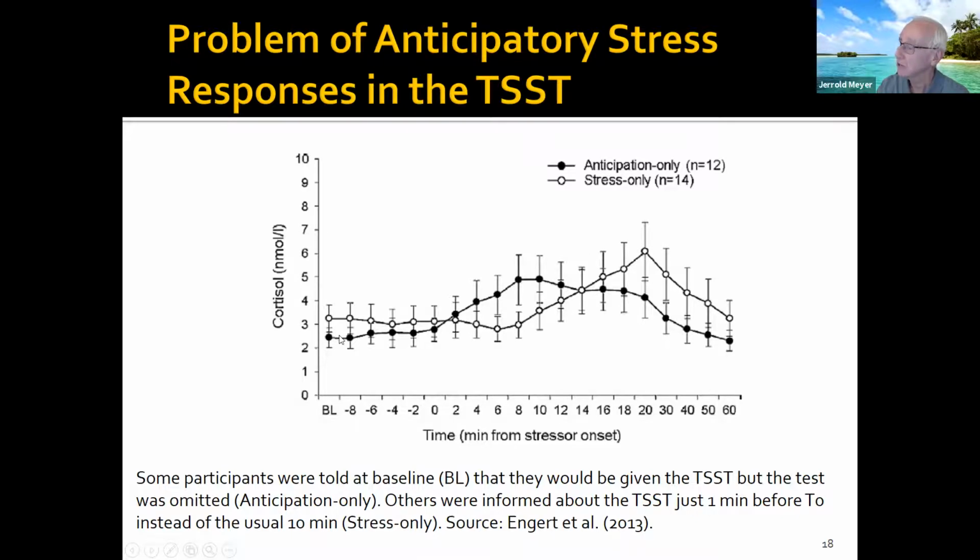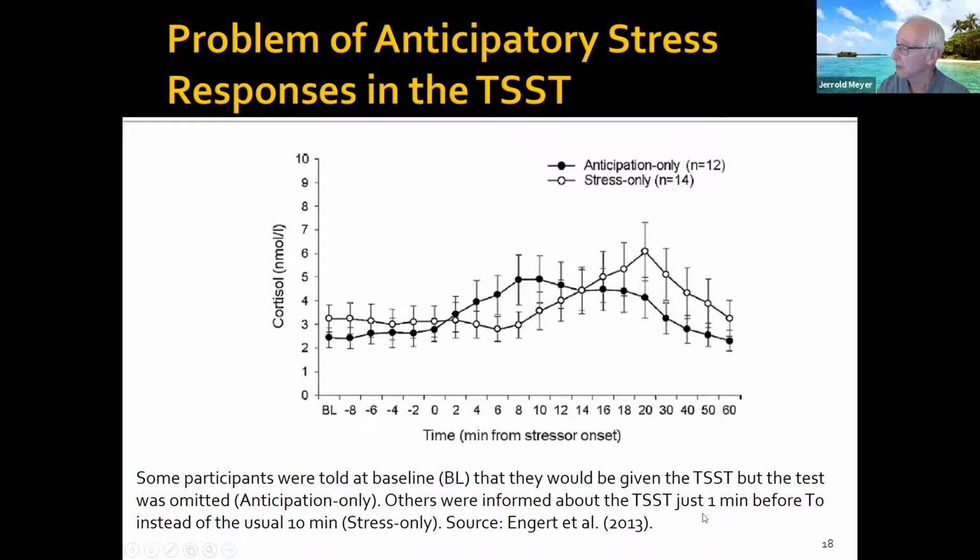They're told what's going to happen, and about 18 minutes after the disclosure that they're going to be tested in a stress test, they show a modest but measurable cortisol rise in their saliva.